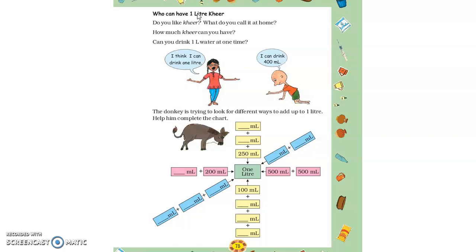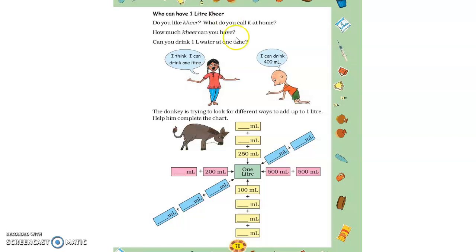Can you drink 1 liter of water at one time? Yes, I think I can drink 1 liter. I can drink 400 milliliters. Dash milliliters, dash milliliters, 250 milliliters, 1 liter.